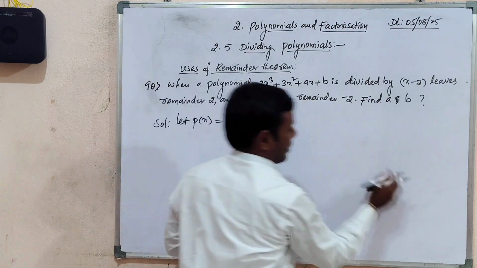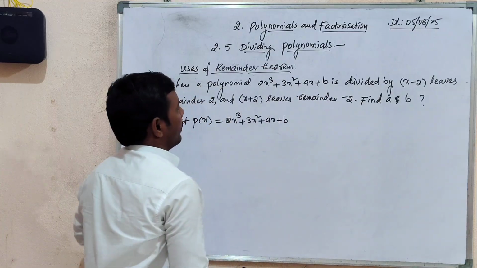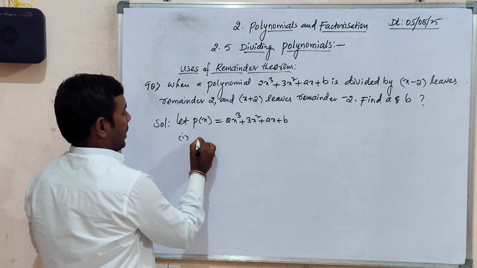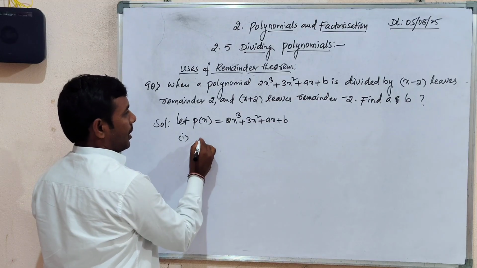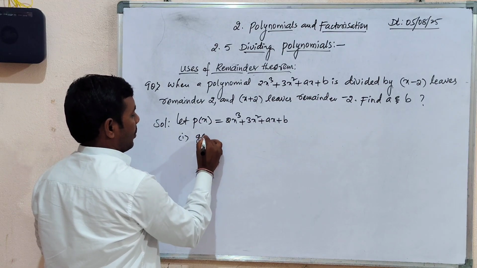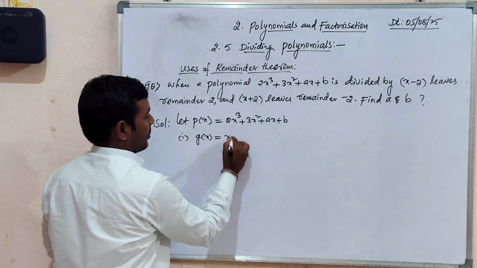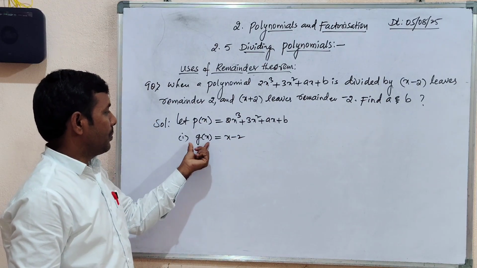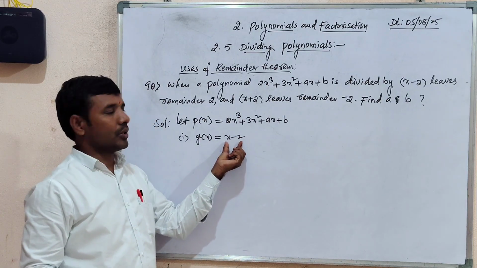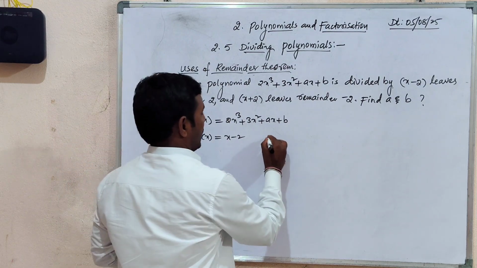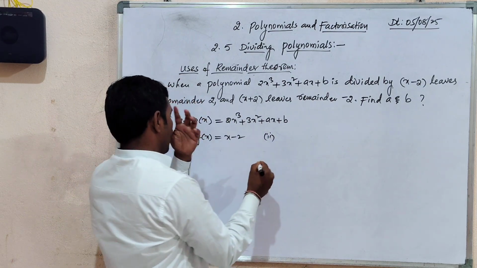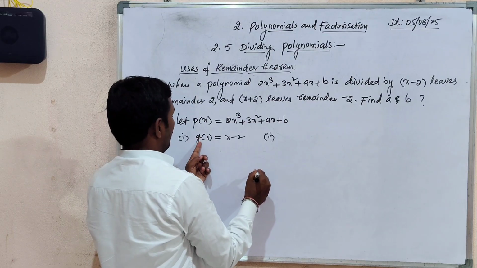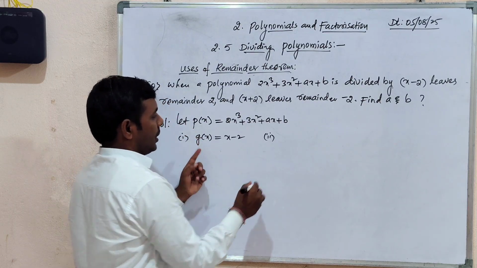Here this one. Now case 1, it is the dividend, here the divisor. One you take P of x is equal to x minus 2. What is the divisor? g of x is equal to x minus 2. Second, another divisor also there. Let us take one more.